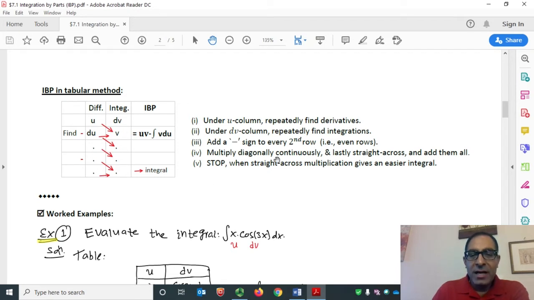Next, multiply diagonally continuously. Lastly, multiply straight across and add them all. Keep in mind that the straight across multiplication is an integral term. Stop when the straight across multiplication gives an easier integral.